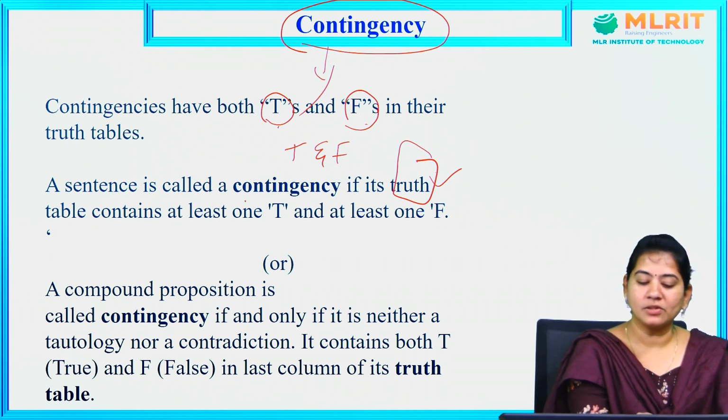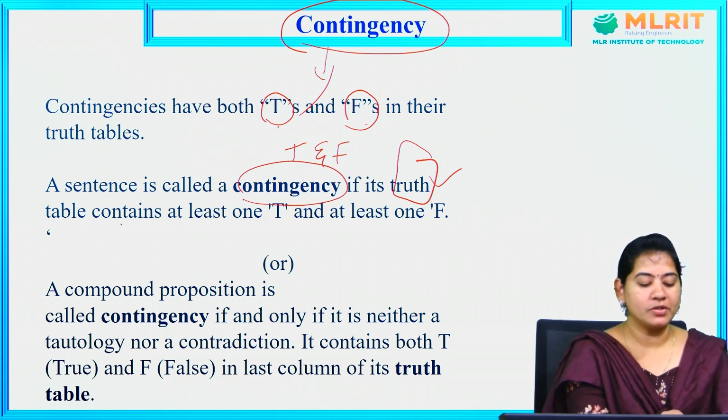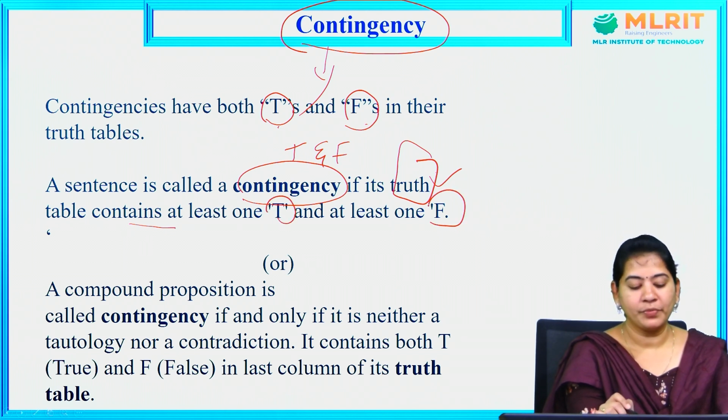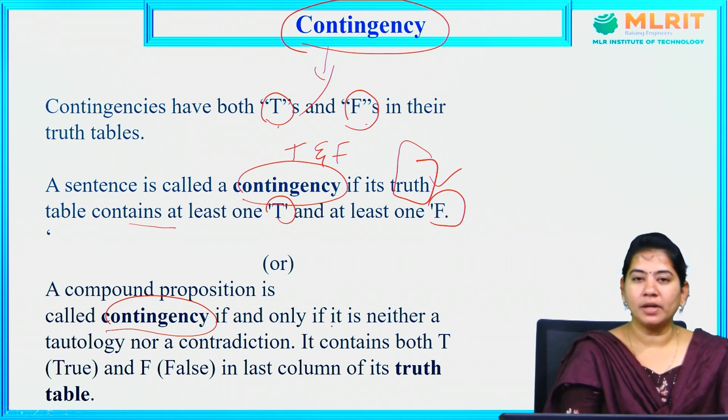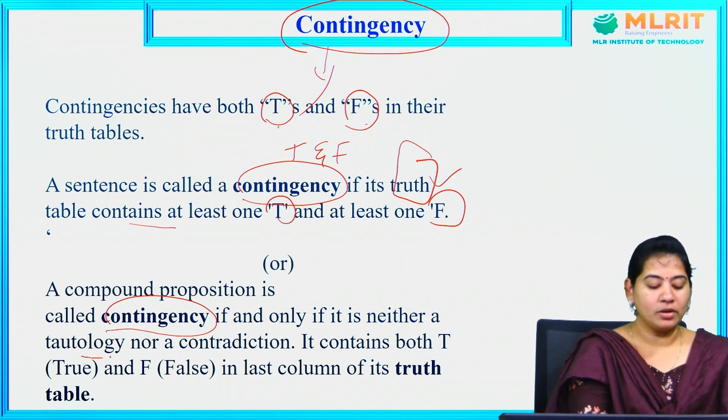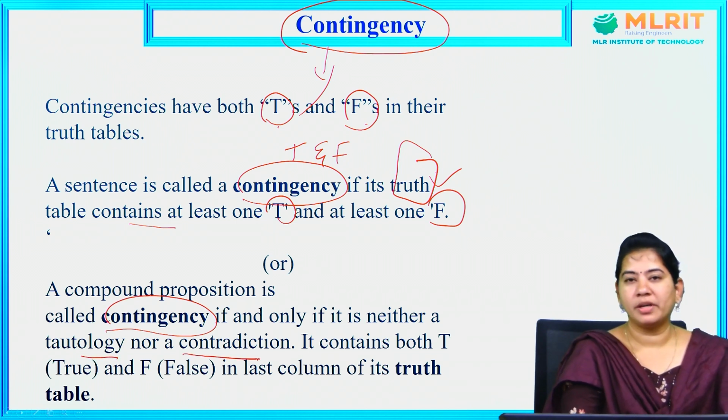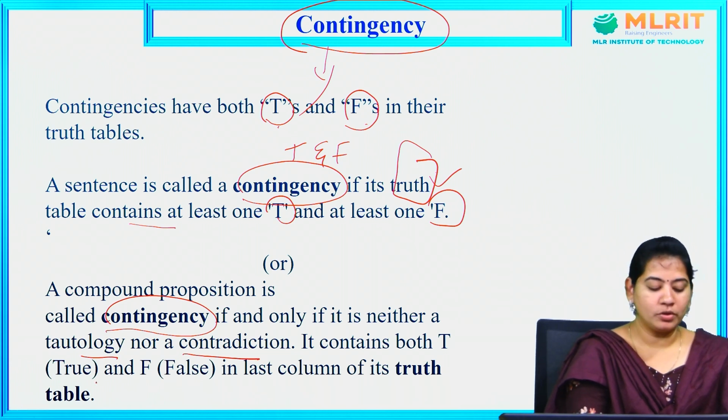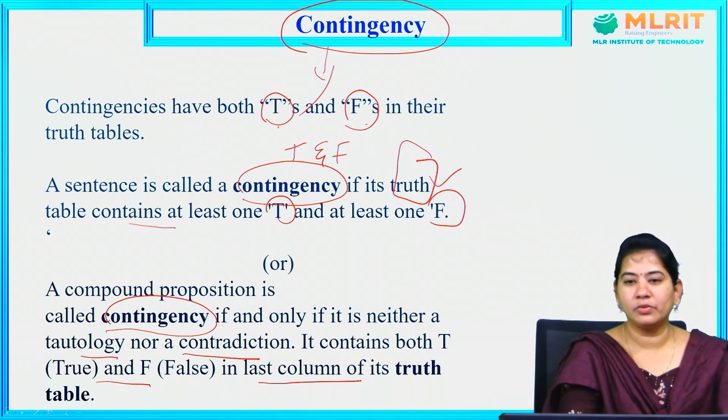A sentence is called a contingency if its truth table contains at least one T and at least one F. A compound proposition is called a contingency if and only if it is neither a tautology nor a contradiction. So it contains both truths and falses in the last column of the truth table.